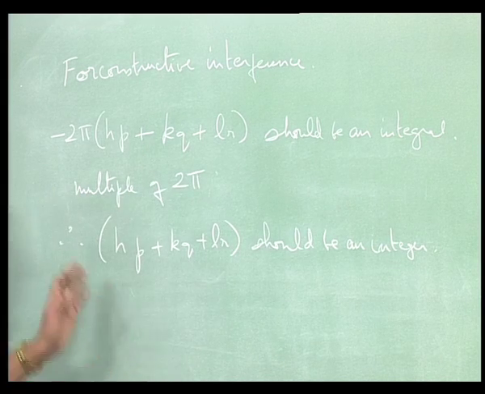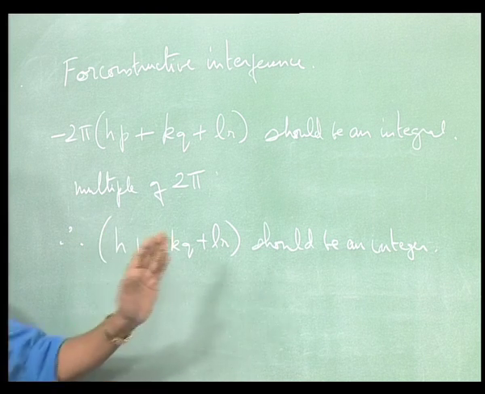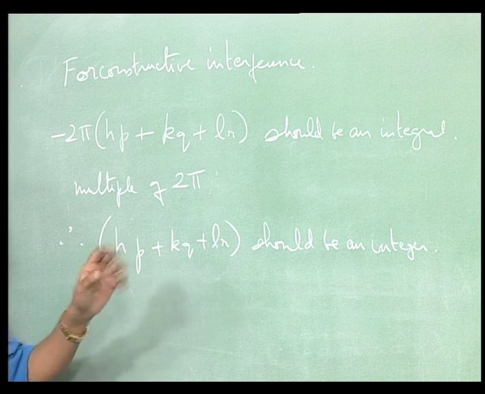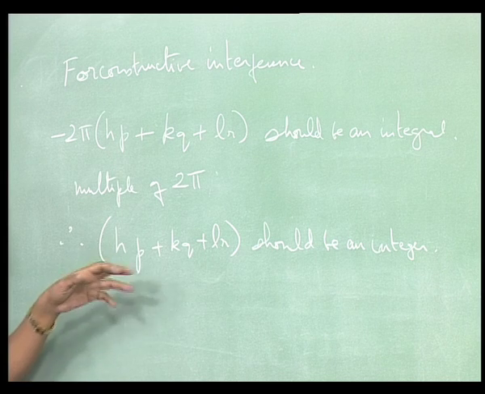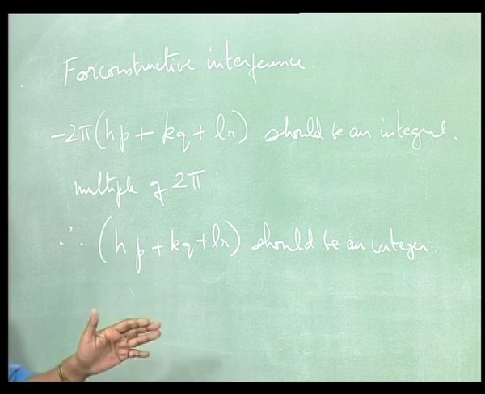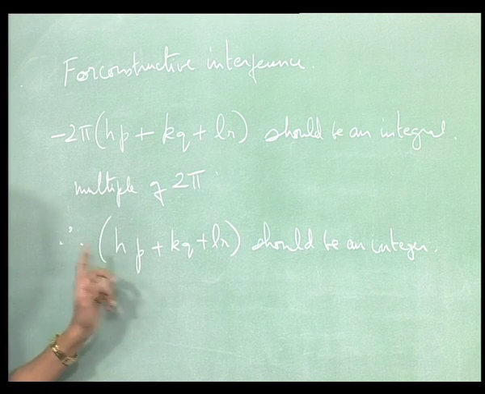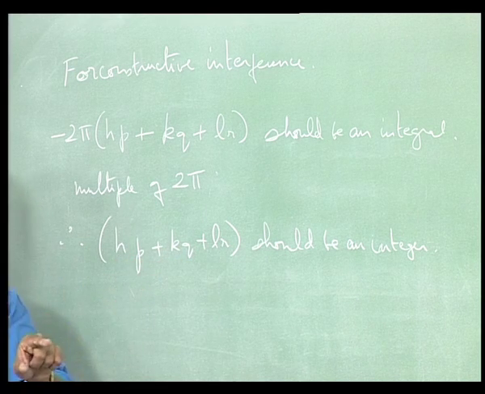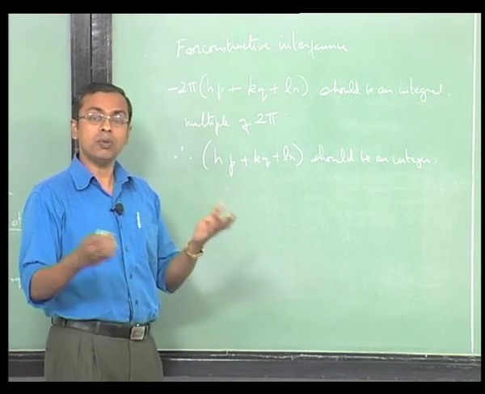While when we first defined S by lambda minus S naught by lambda, we defined that to be HB1 plus KB2 plus LB3, we placed no restrictions on the values of HKL at that stage. However, we find that we are forced to deal with the situation wherein for constructive interference to occur, a sum of these terms HP plus KQ plus LR should be an integer. In this, P, Q and R are already integers, and they could be any integer.